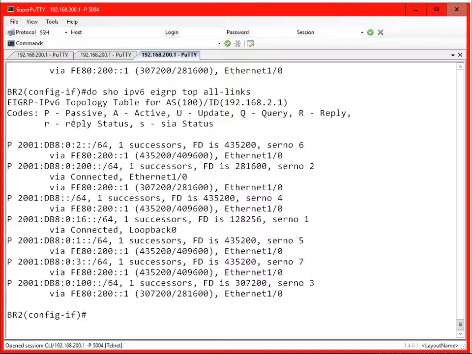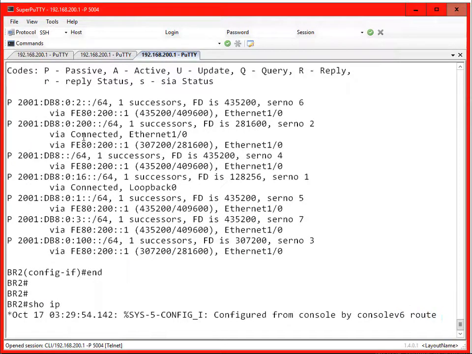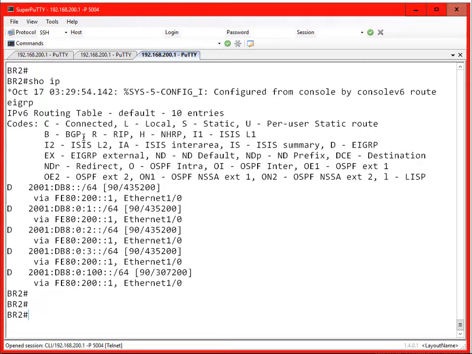Let's take a look at the routing table in BR2. Let's get out of config mode here. All right, show IPv6 route EIGRP. And the routing table looks very much the same. The format is slightly different, but we still have all the same elements, right? We have the code that indicates how the route was learned.